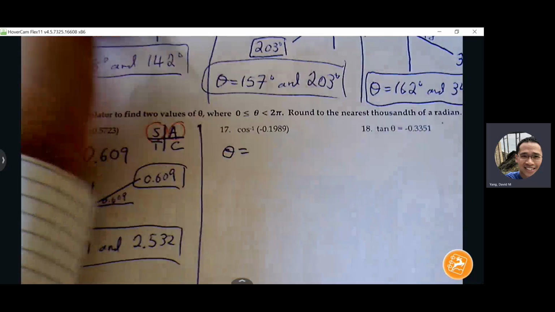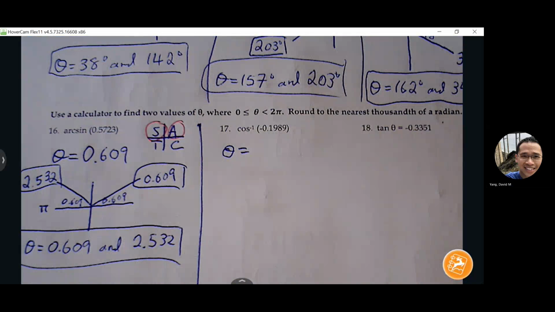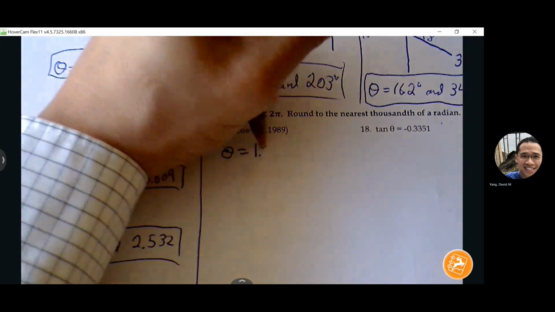Okay, theta equals. Okay, what's theta equal to? Okay, 1.77.